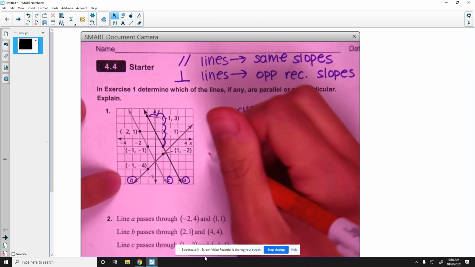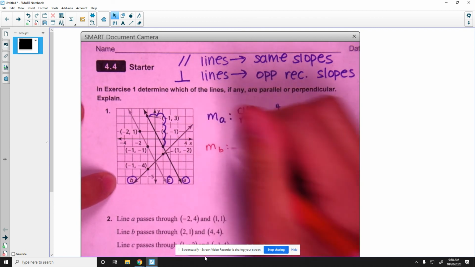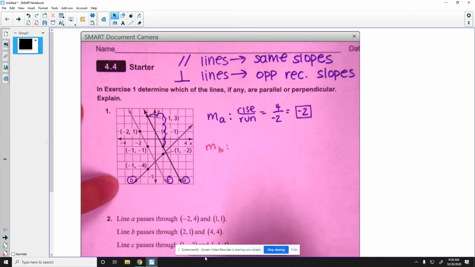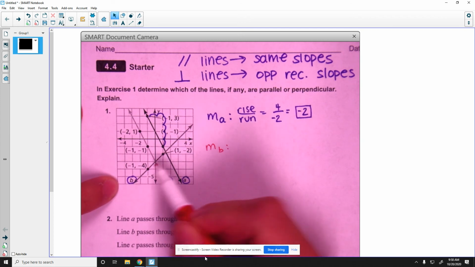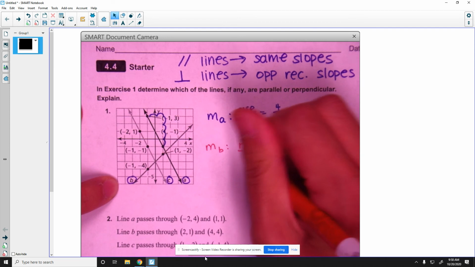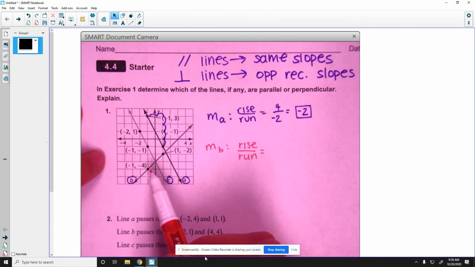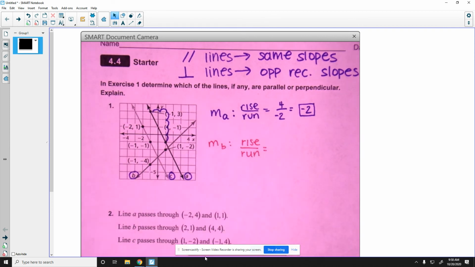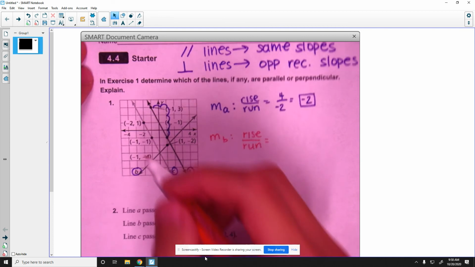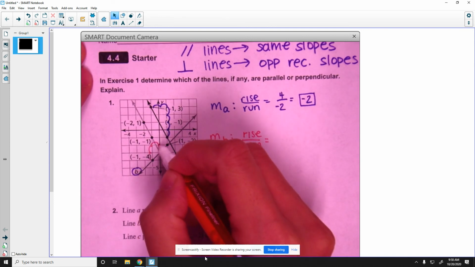Now let's find the slope of the next one, M of B, the slope of letter B. Here are two dots on B. I'm counting rise over run. Can someone raise their hand if they know it's what over what? Don't simplify it yet, just rise how many, run how many. So 1, 2, 1, 2.